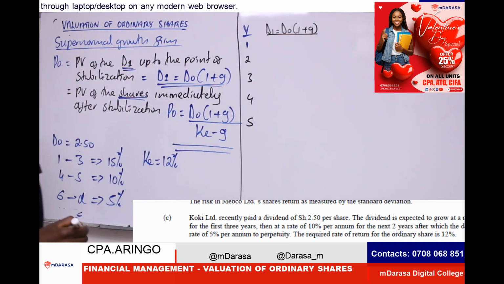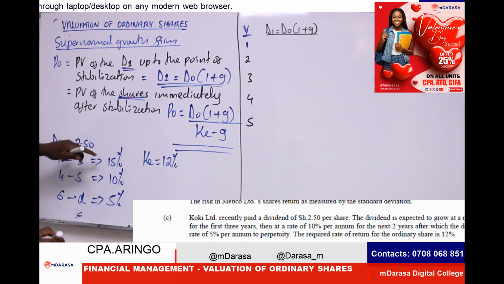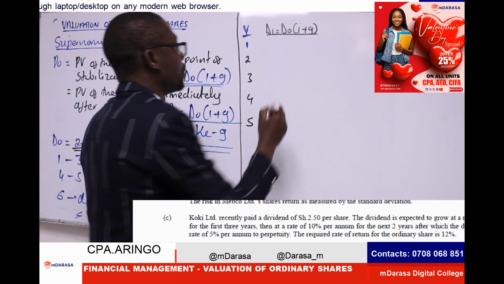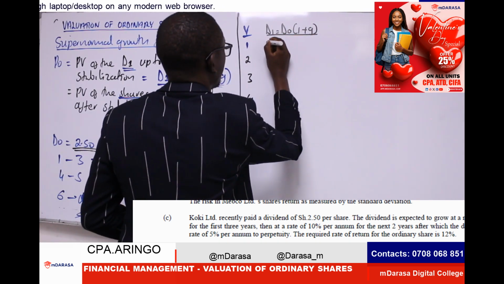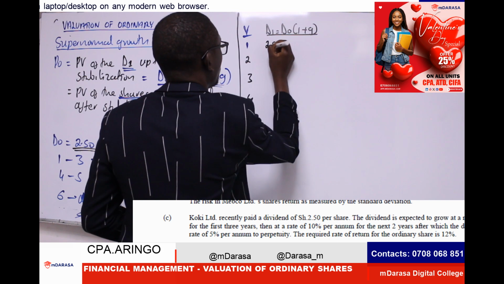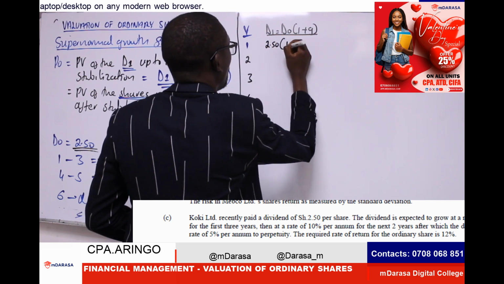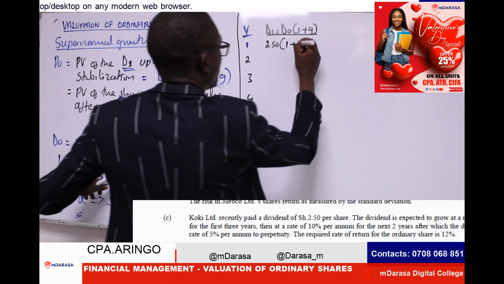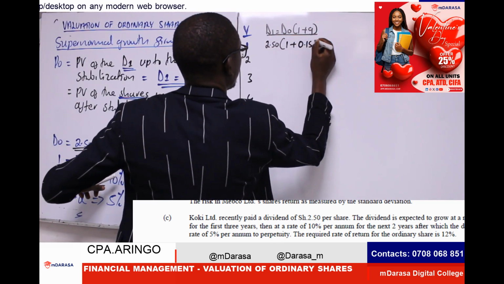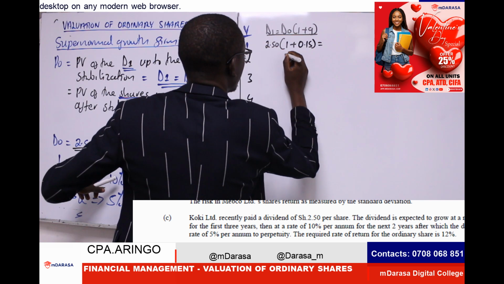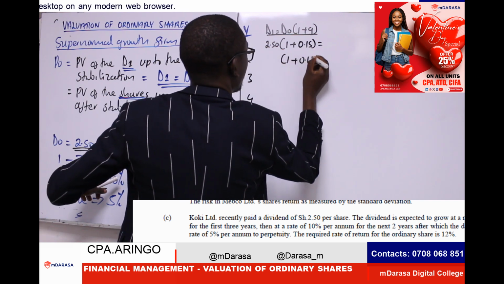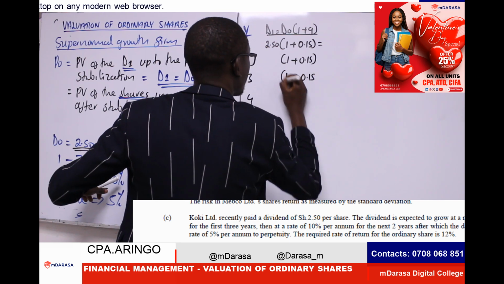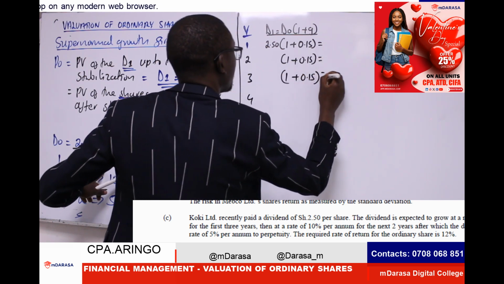And how will we determine that? The dividend that we just paid currently is 2.50, right? So my D1 in year 1 should be 2.50 into 1 plus the growth rate, for years 1 to 3 we had 15%, so 1 plus 0.15.